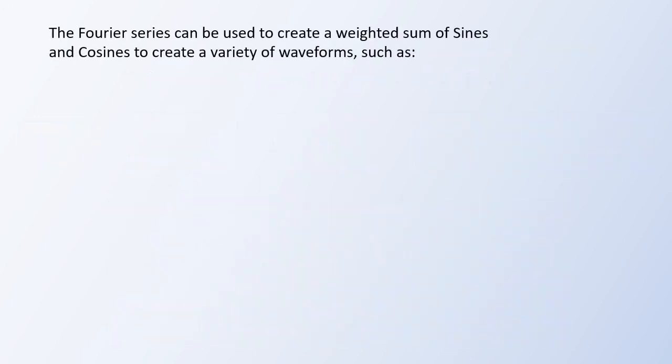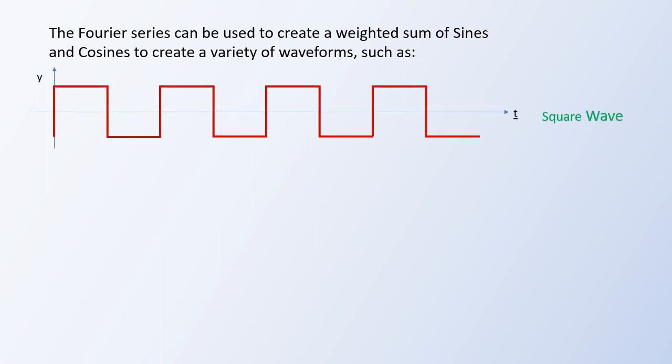So the Fourier series can be used to create a variety of different waveforms using these weighted sums of sines and cosines. And these are very valuable, especially in electronics, digital electronics especially, but other kinds of electronics as well. And here's 3 examples. Again, we have the square wave, which looks like that.